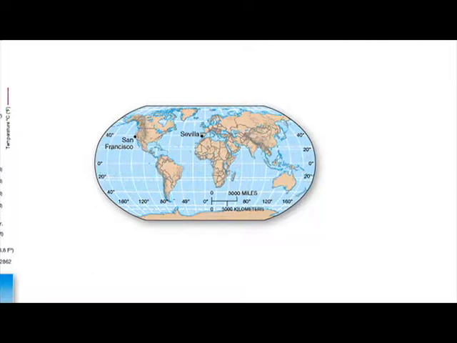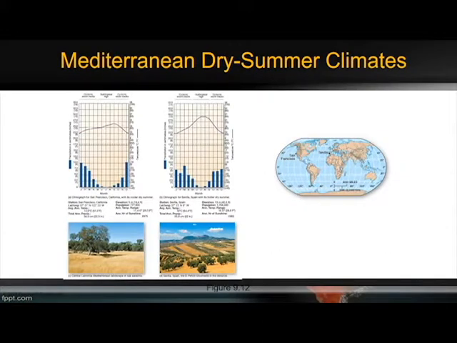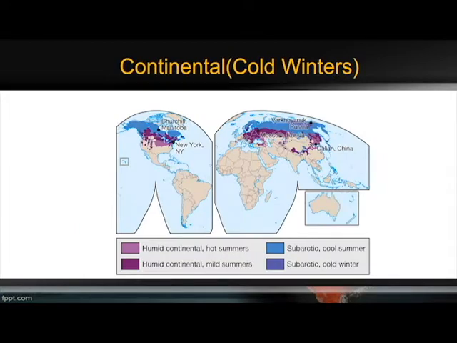What happens in winter? The ocean is relatively warmer, increased evaporation, then you expect what? You expect having precipitation. That's my favorite type of climate, Mediterranean dry summer climate.